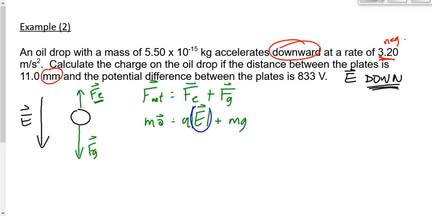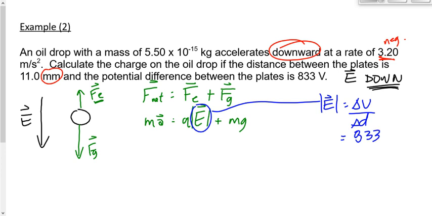First, let's get the electric field. We don't know what that is, but we can find it pretty easily by using our old parallel plate equation. We say 833 volts divided by 11 millimeters, or 11 times 10 to the minus 3 meters, gives us a value for electric field of 75727.2727 volts per meter.